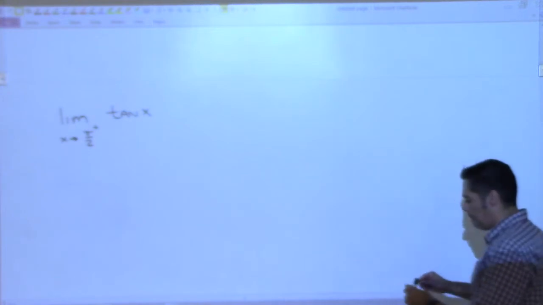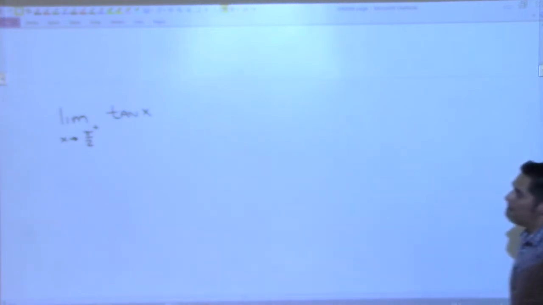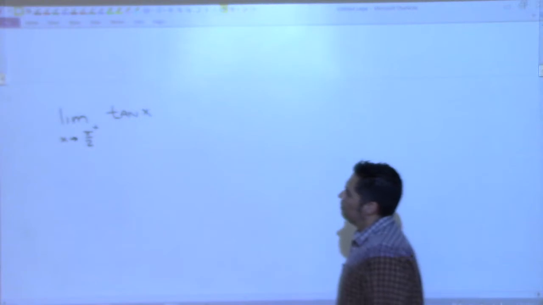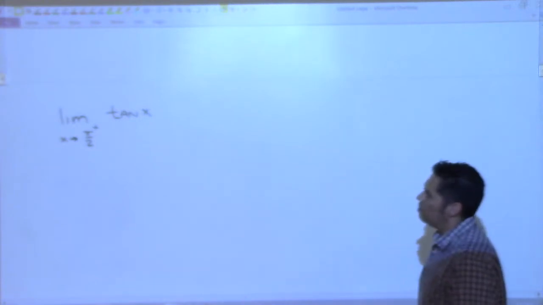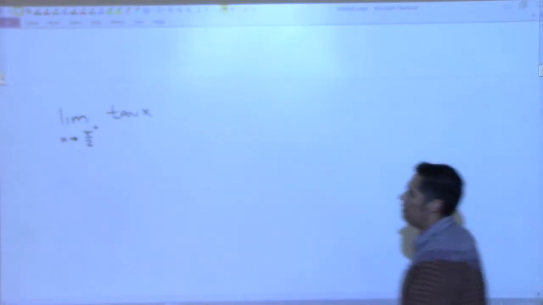Nas, you're up again. Sure. We plug in pi over 2 first. Okay. Right? So we need to know what tangent of pi over 2 is. It's 0 over 1.